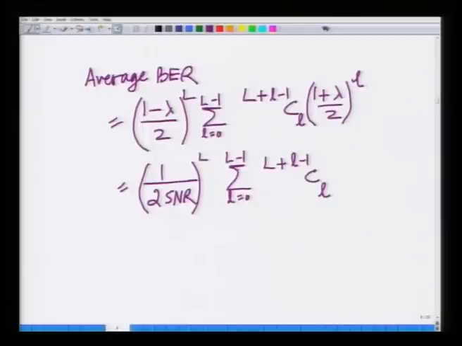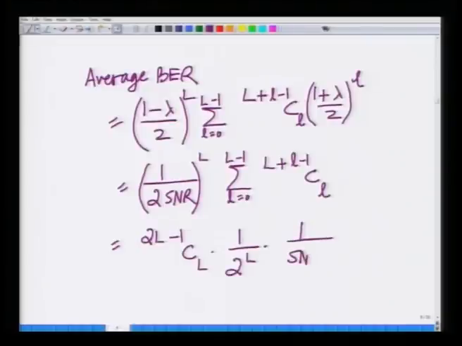So, this simply reduces to the summation L equals 0 to L minus 1, L plus L minus 1 C L, and hence this is 2L minus 1 choose L, into 1 over 2 to the power of L into 1 over SNR to the power of L.